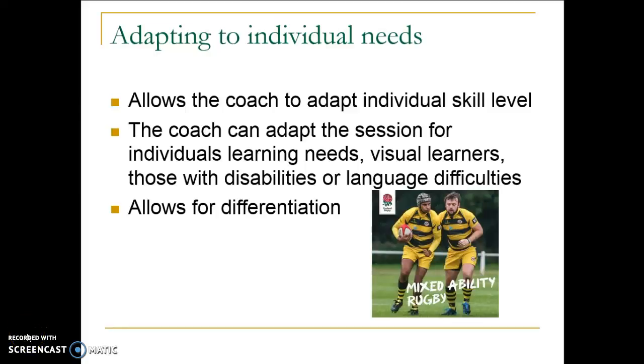After looking at demonstration and goal setting, the final technique I've chosen is adapting to individual needs.